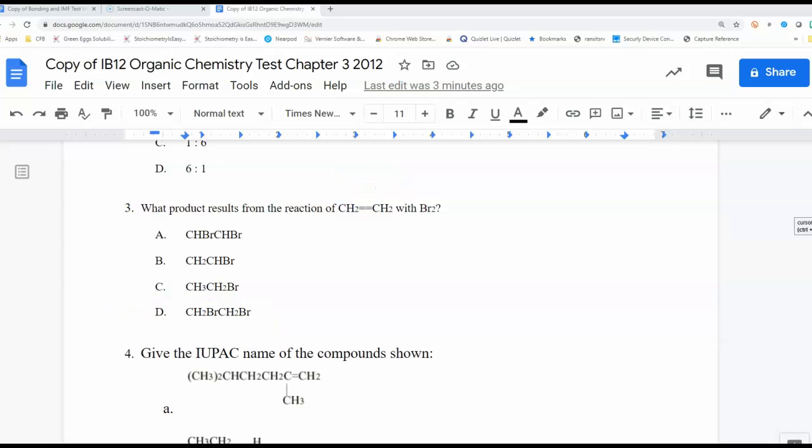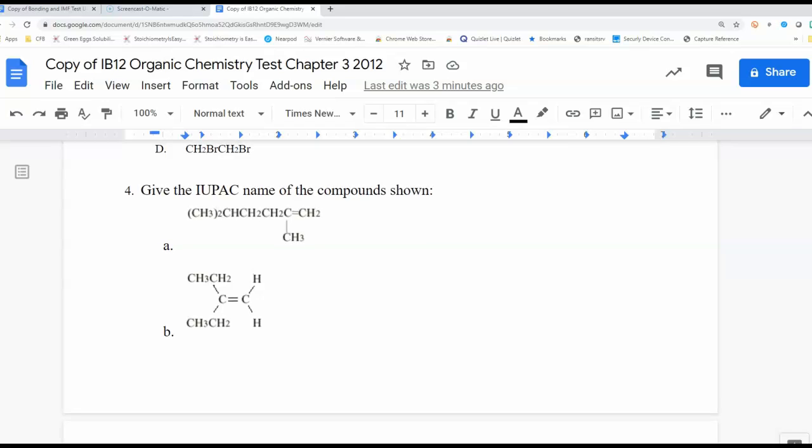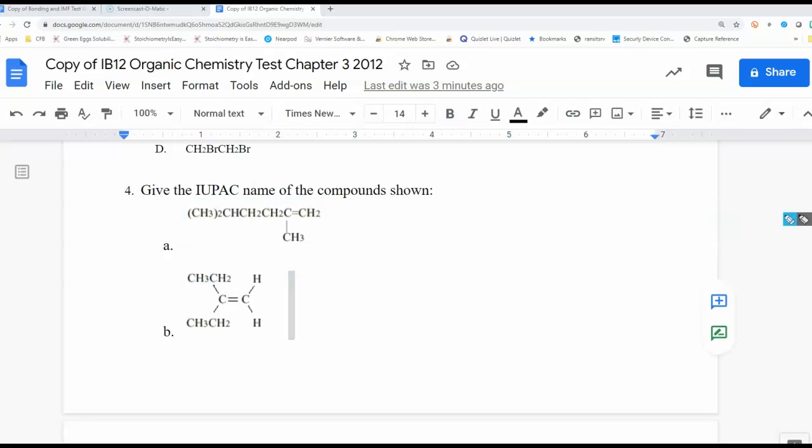Okay, next one. Give the IUPAC name of the following compounds. Okay, so on this one, we have to be able to say what is going on here. I have a methyl group on the second carbon, and I have a double bond starting on the first carbon, and then I have an extra methyl group on that last carbon, and we're going to number from the side closest to the double bond.